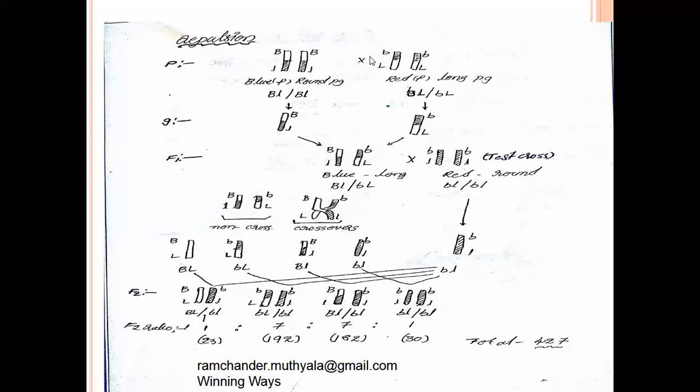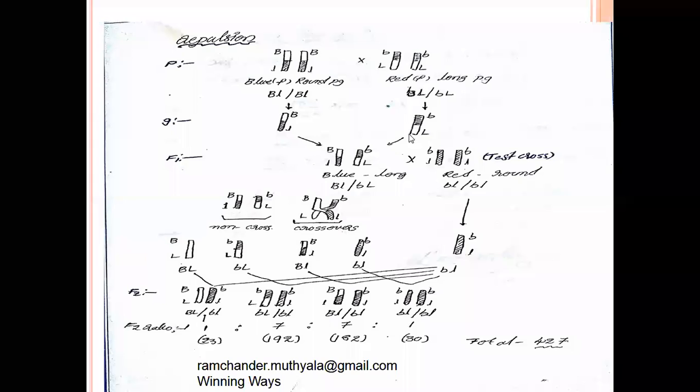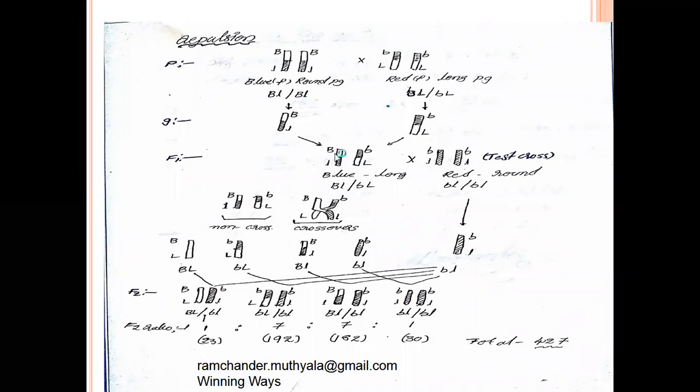From these two parental plants, two types of gametes are formed. From one parental plant, capital B small l gametes, and from the other parental plant, small b capital L gametes are developed. These two gametes are fertilized to form the F1 generation. In the F1 generation, a capital B small b, small l capital L zygote is formed.